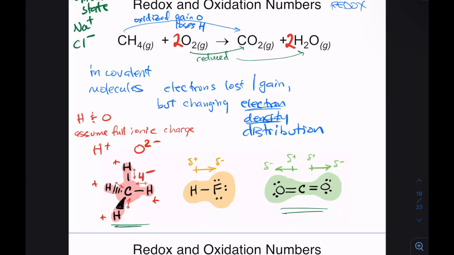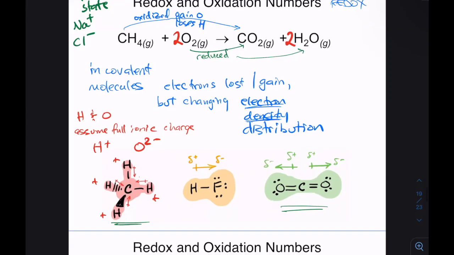Maybe I should put that in a different color so you can see, because this is all red. It would be 4-. Now it's not 4-. It's not an ion, okay? But the carbon in methane has an oxidation number of 4-. It is relatively reduced compared to what it might be in other materials. Like, for example, carbon dioxide.